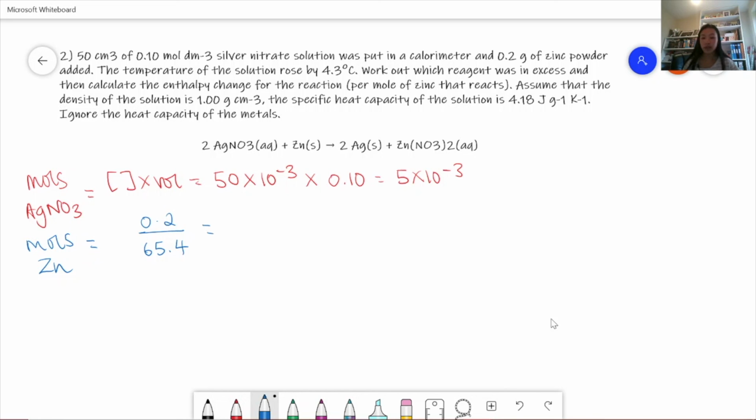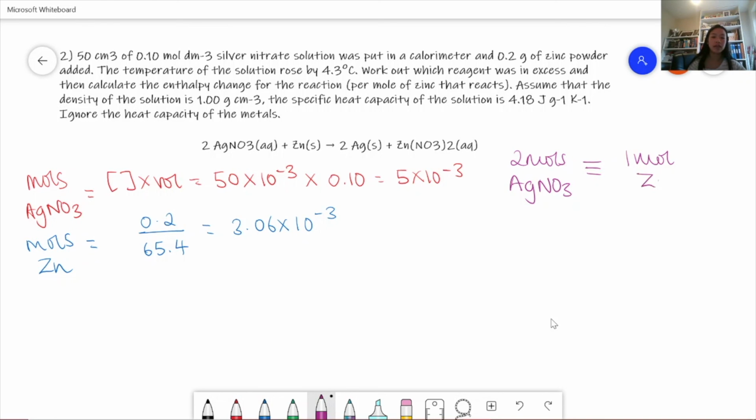And that gives us 3.06 times 10 to the minus 3 moles. And now we look at the equation and we look at the ratio. So the equation tells us that 2 moles of silver nitrate react with 1 mole of zinc.